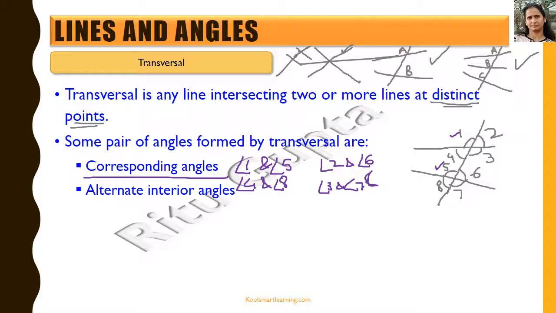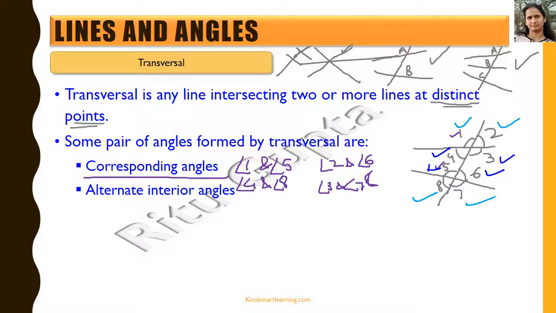Then we have alternate interior angles. First of all, there are interior angles and there are exterior angles. Looking at angles 1 to 8, angles 1, 2, 7 and 8 are the exterior angles, formed on the exterior. Then 3, 4, 5 and 6 are the interior angles.